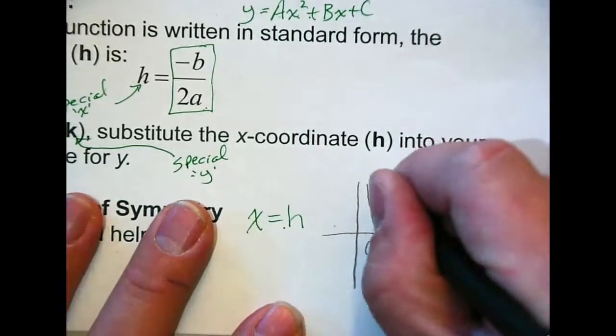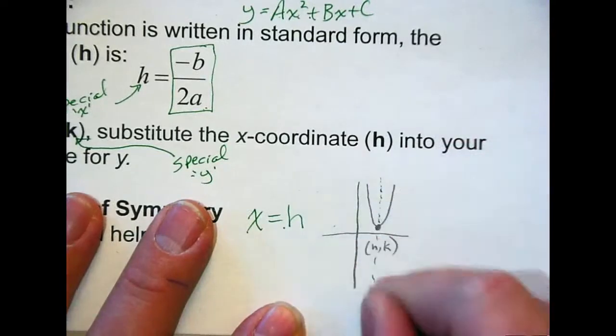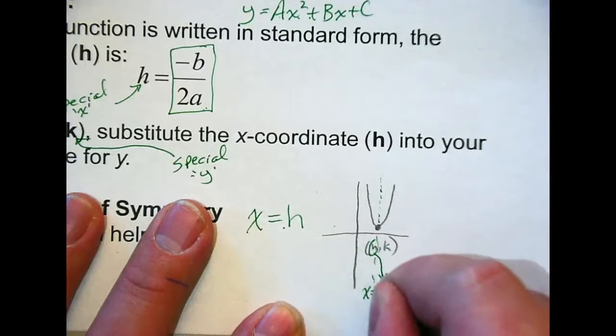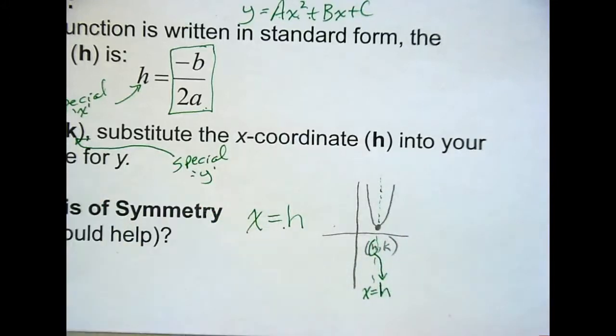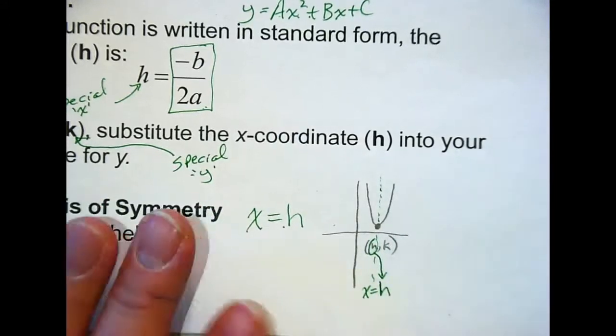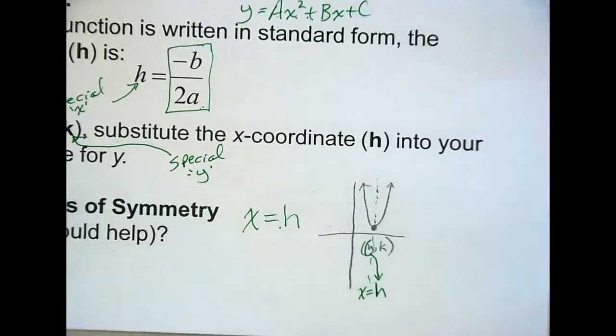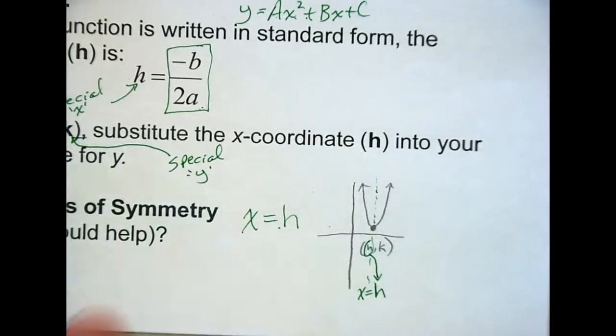This line right here, our axis of symmetry, is at the equation x equals whatever that h value is. They're the same. Any questions there? It should all be a review.